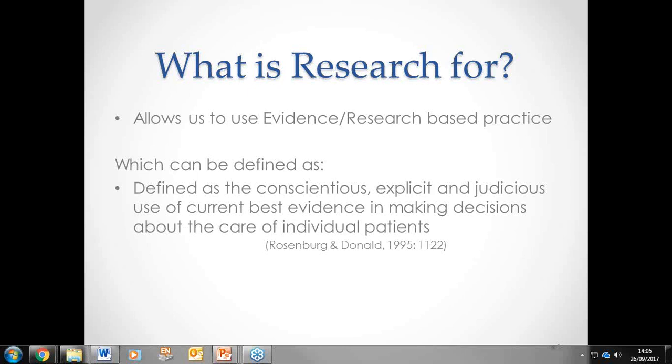So going back to what's evidence-based practice, what's research-based practice, hopefully we can all identify the difference between evidence and the difference between research. Maybe I should ask that question differently. Does everybody know the difference between evidence and research? Is there a difference between evidence and research?